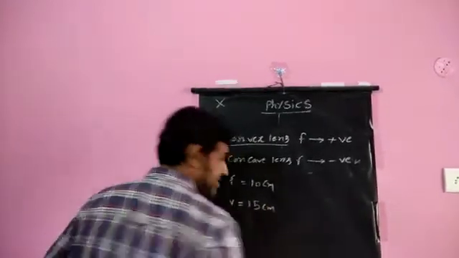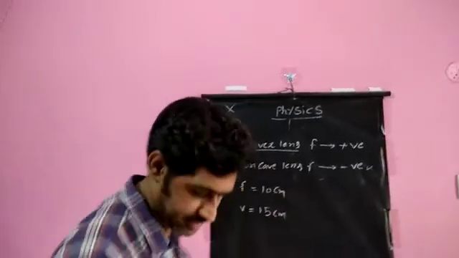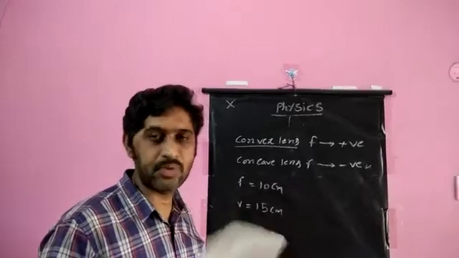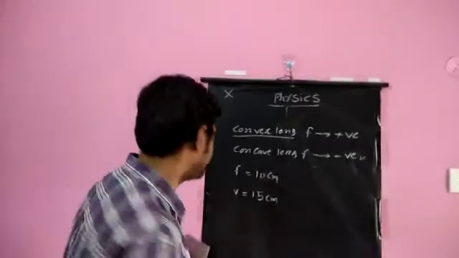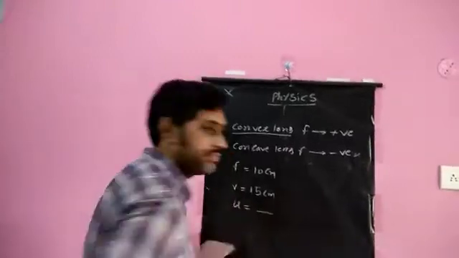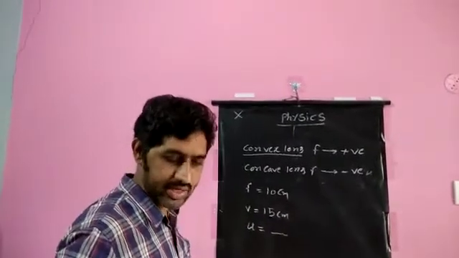So image distance is given as 15 centimeters. Determine the distance at which the object is placed. He is asking us to find u, and also the magnification produced.